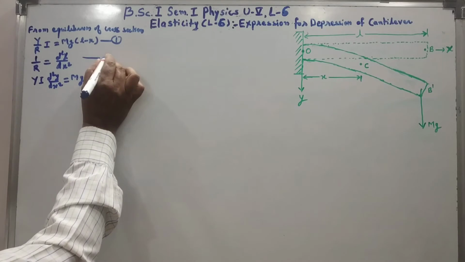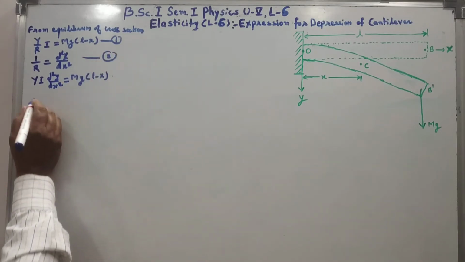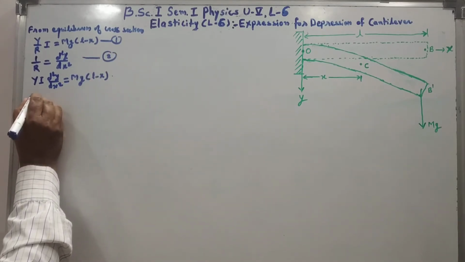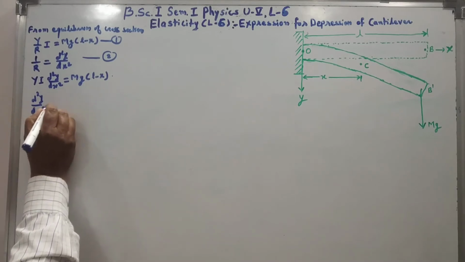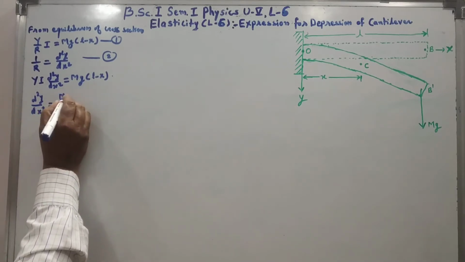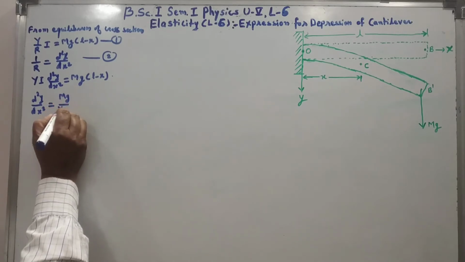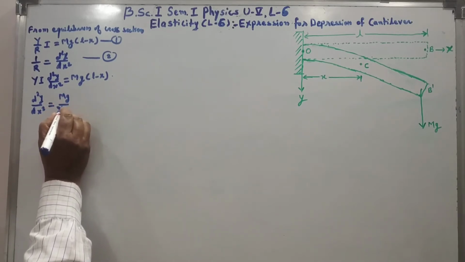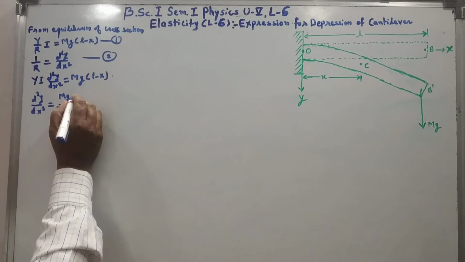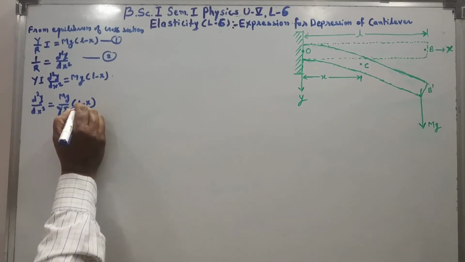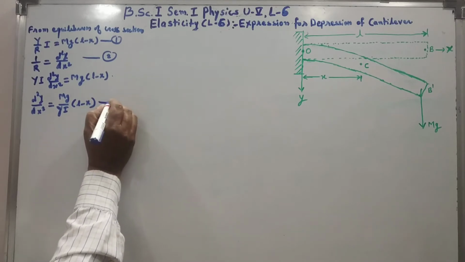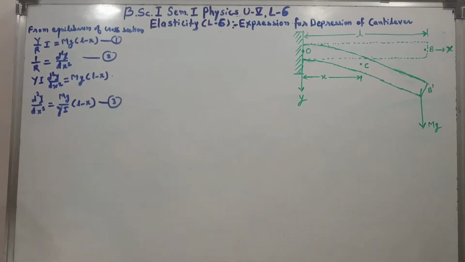This is equation number 2. Then we have d2y by dx square is equal to Mg upon YI into (L minus x). This is equation number 3.